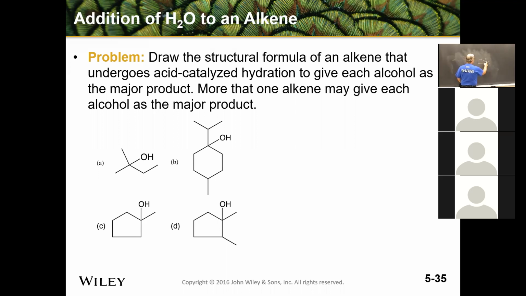So we can form our double bond here, or here, or here. So it looks like there's three possible alkenes that we could use. We have this one. We could have this one. Or this one.